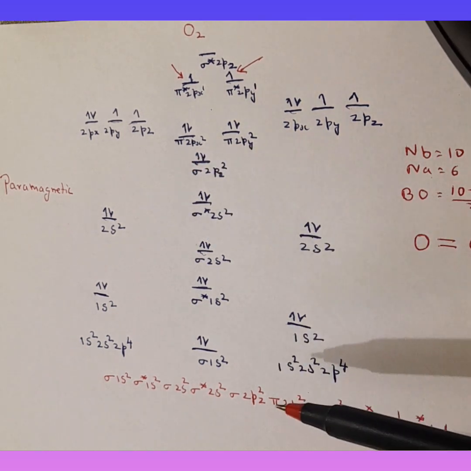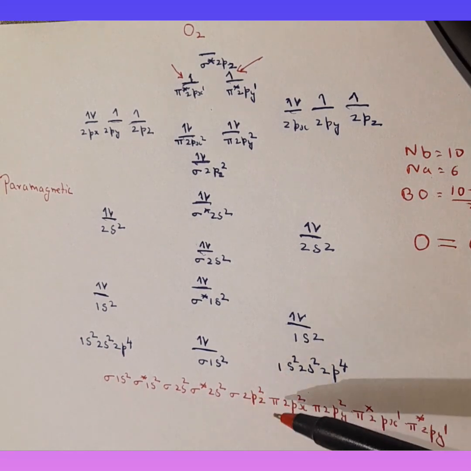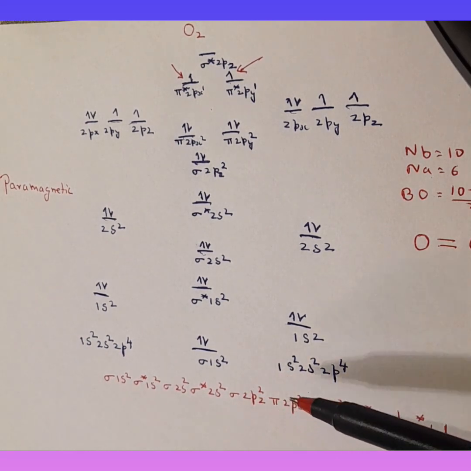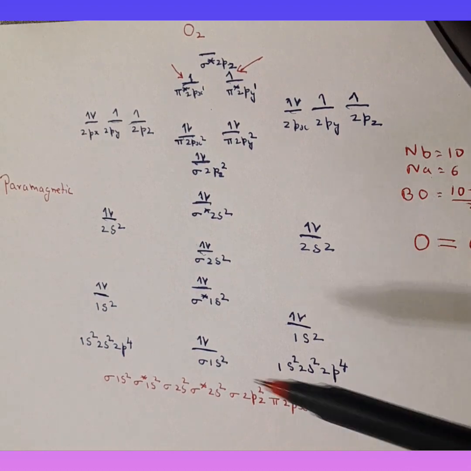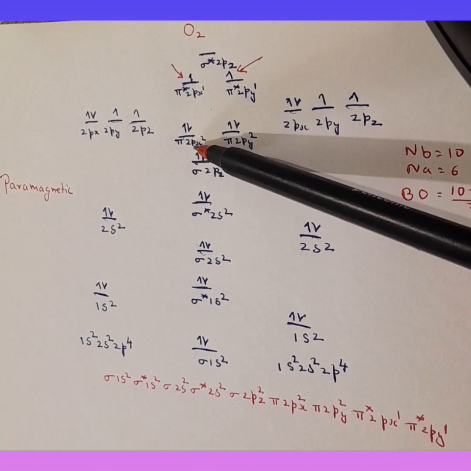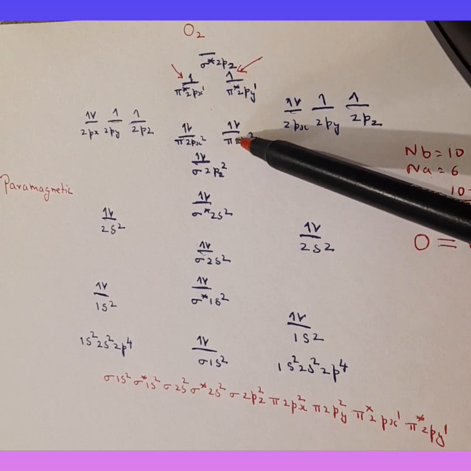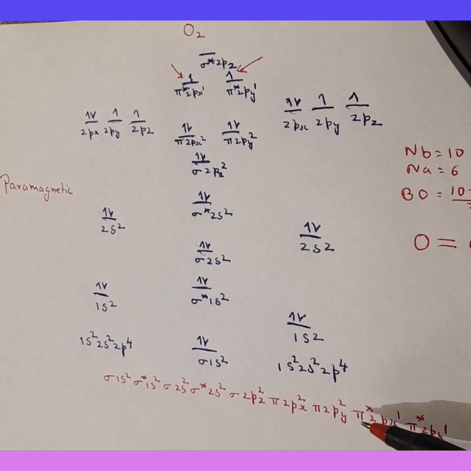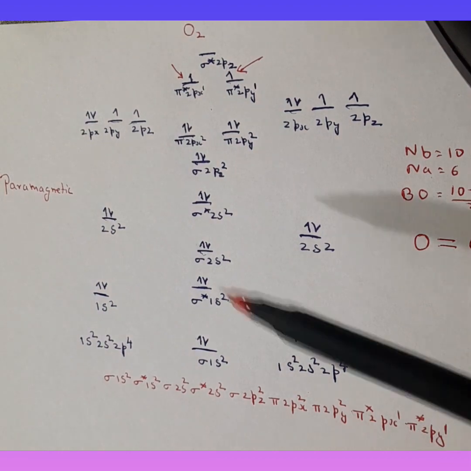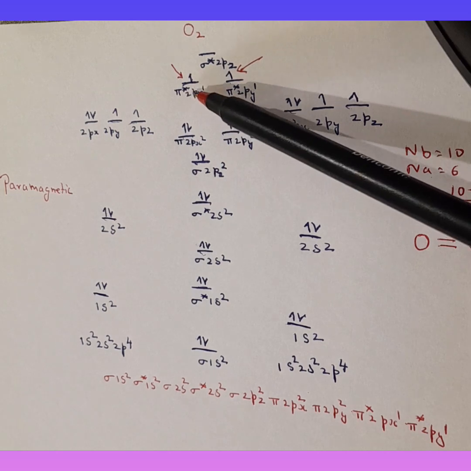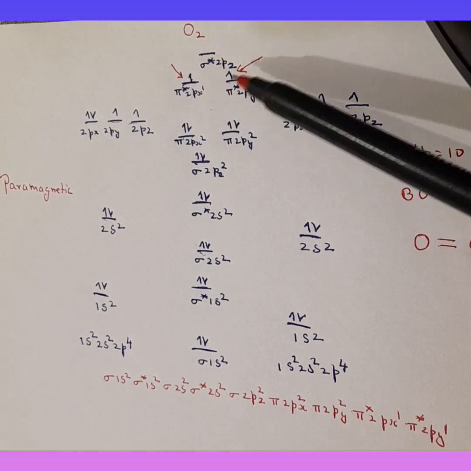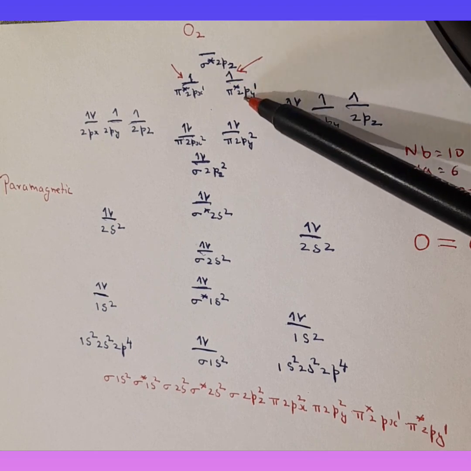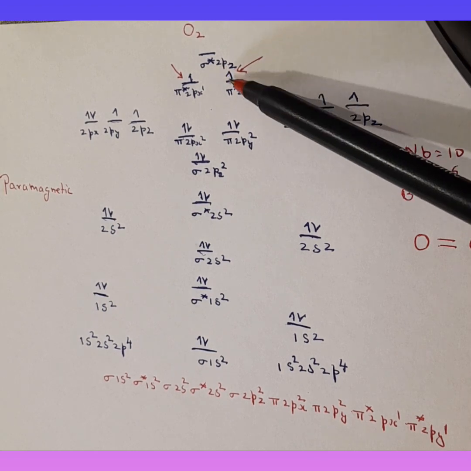Then comes pi 2px2 and pi 2py2, and then ultimately it comes to pi antibonding 2px1 and pi antibonding 2py1, 1 electron each.